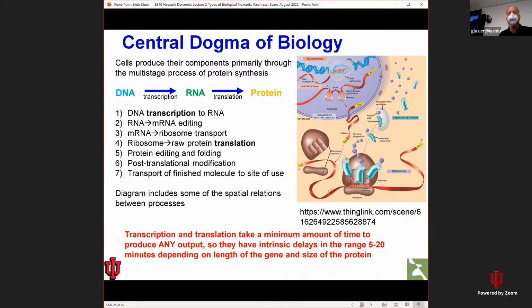And then once it's synthesized, it has to be taken to where it needs to do its job. And there's a whole set of motor proteins that move things around to do that, which are also relatively poorly understood. Although was it last year or the year before, one of the Nobel Prizes was for protein targeting. A lot's been done on it. So there are a whole bunch of steps.